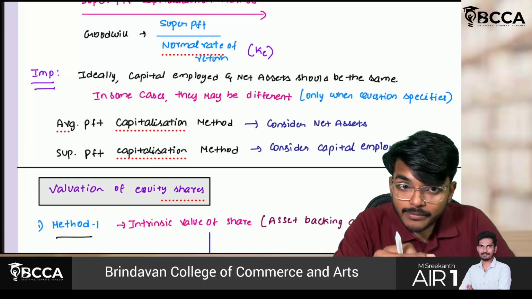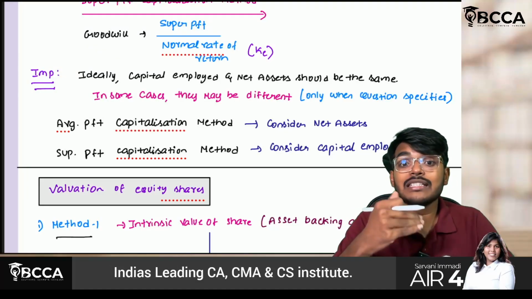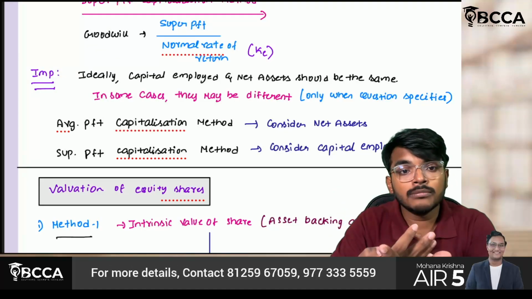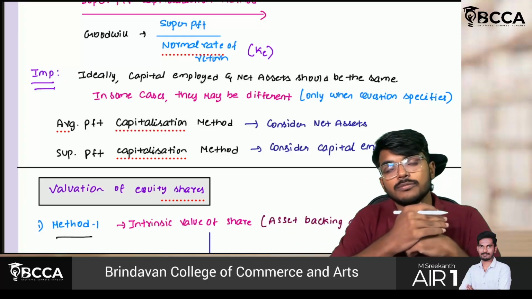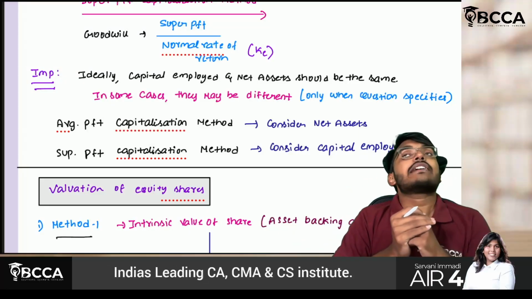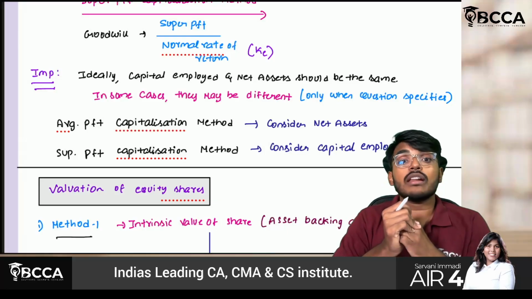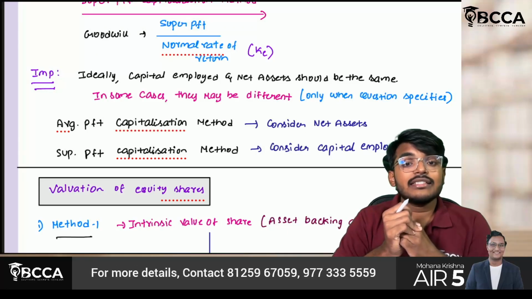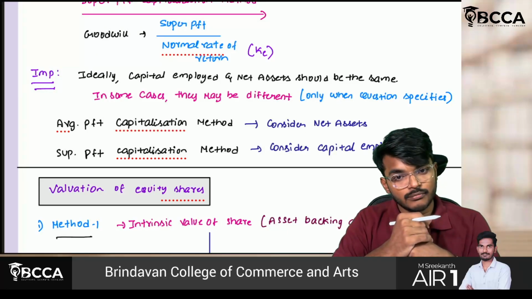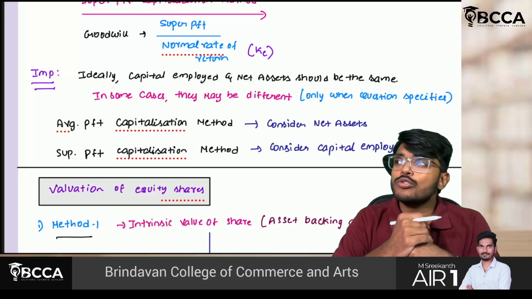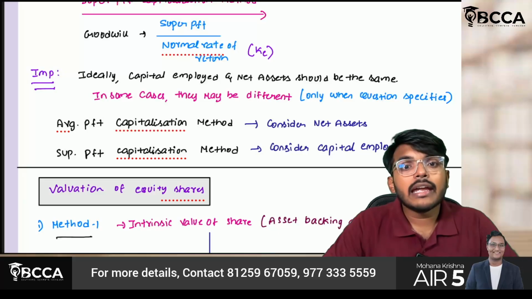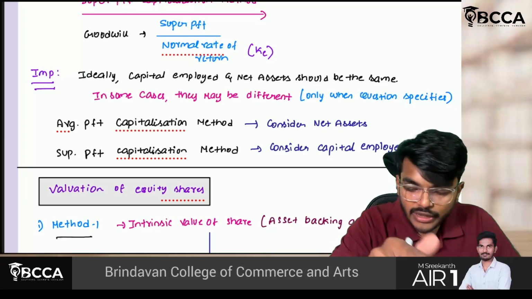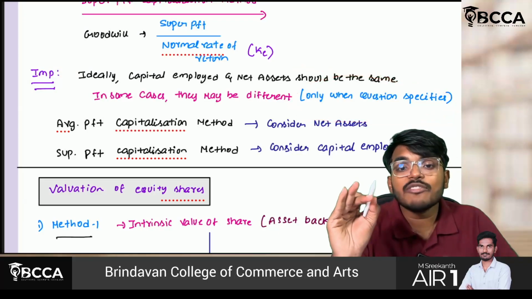But sometimes the institute will come in a question and say that your capital employed is different, your net assets are different. This is the height of the institute. But okay, institute is institute. Institute is our God. So we will also assume the same thing, but we will do this only when the question specifies.